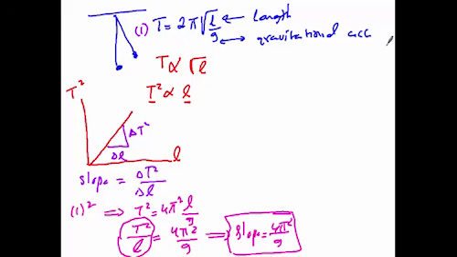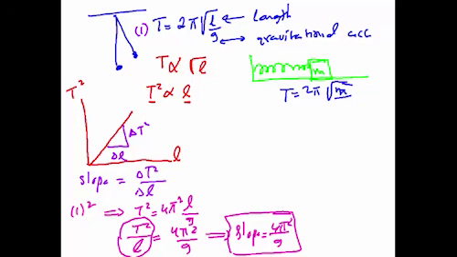And this is the same also for the case of an object or a mass attached to a spring. Now, for this mass, T equal to 2 pi root of m over k, where m is the mass, and k is the spring constant for the spring, which gives us an indication about the stiffness of this spring.